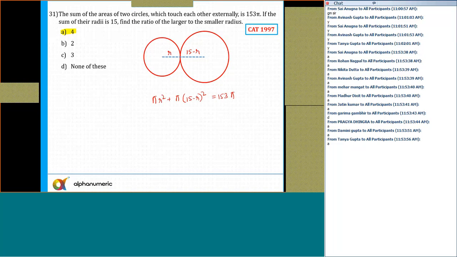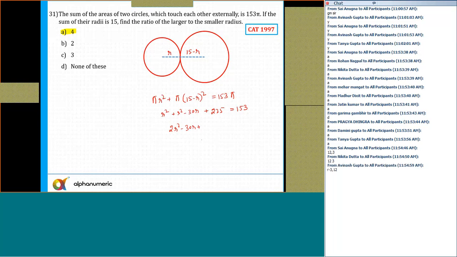Pi will cancel, so r square plus r square minus 30r plus 15 square is 225, equal to 153. So 2r square minus 30r plus 225 minus 153.